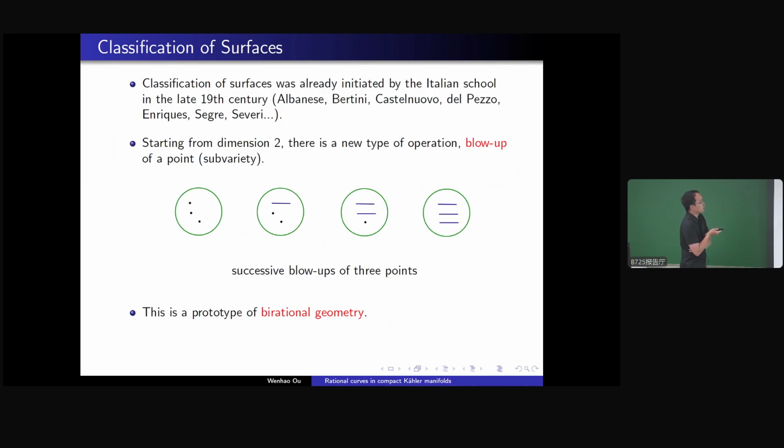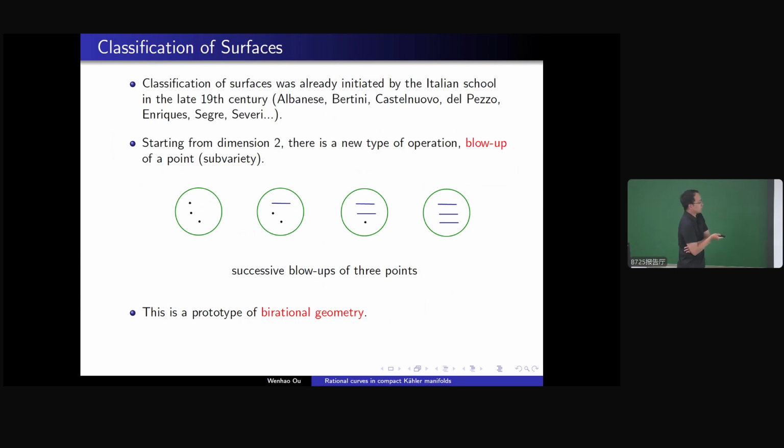And I can continue. I can blow up the second point, so I replace this point by a curve. And I can blow up the third point and so on. So these three surfaces are all obtained from the first surface. And also, if we ignore these points or these curves, the remainder parts are isomorphic.